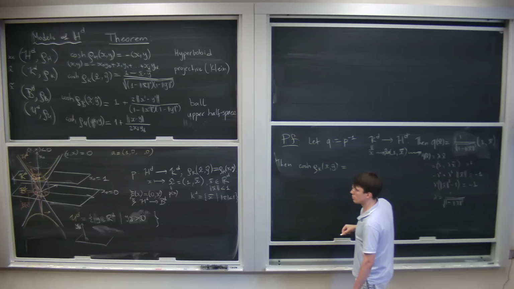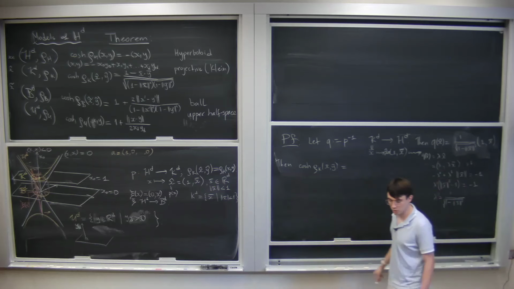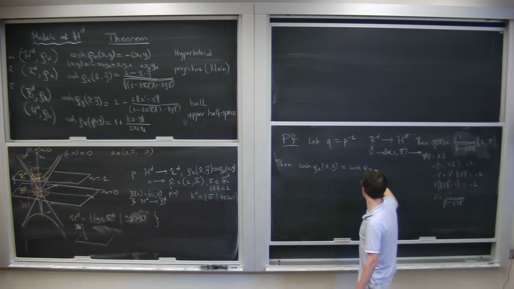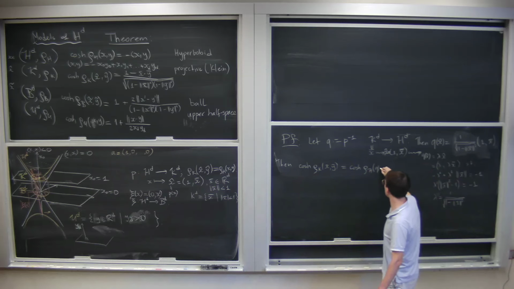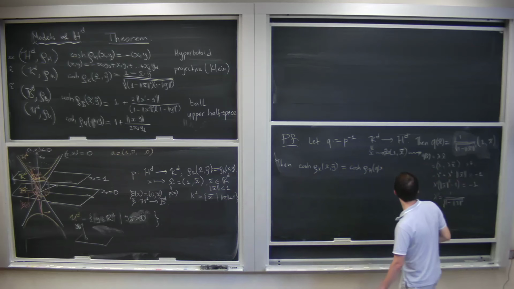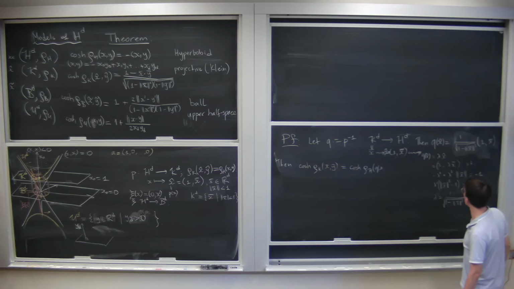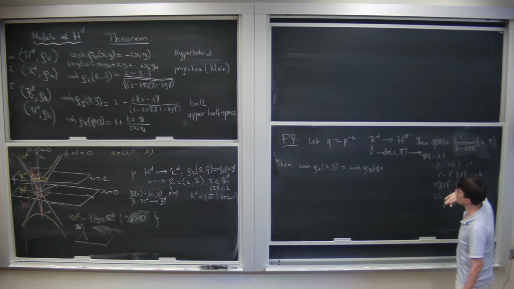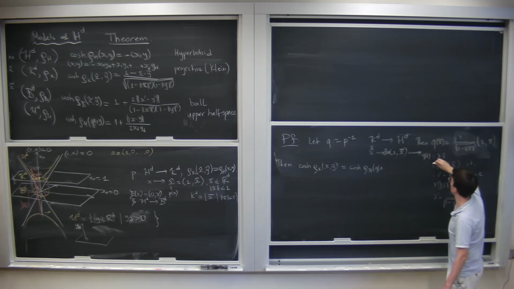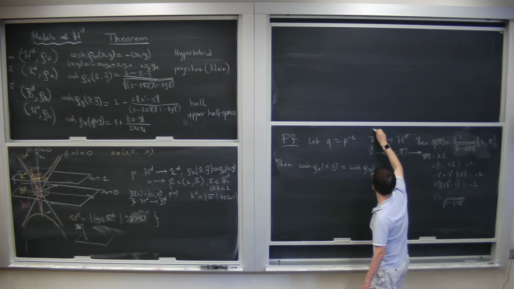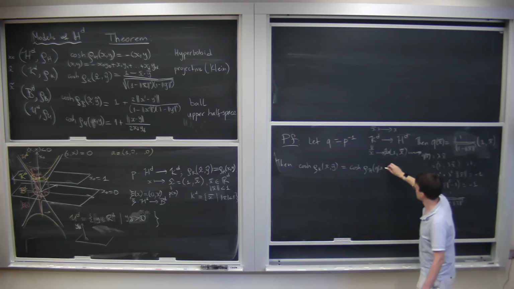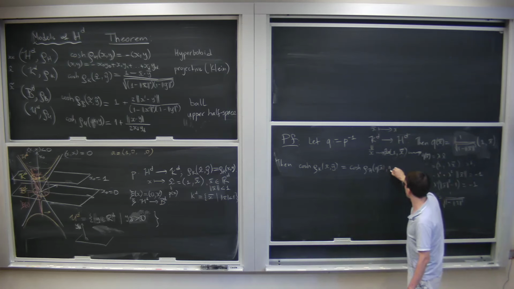So then this is equal to the hyperbolic cosine of rho h, and here I want q to be the map from x bar to x, right? So I'm having q of x bar, q of y bar.